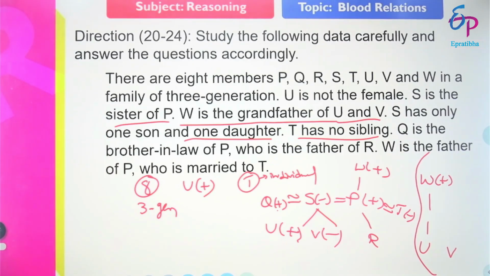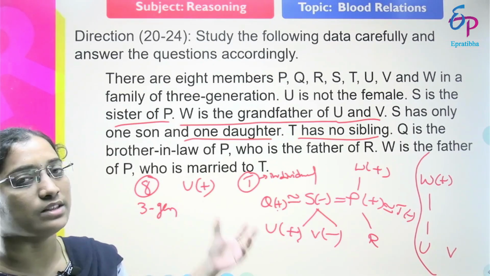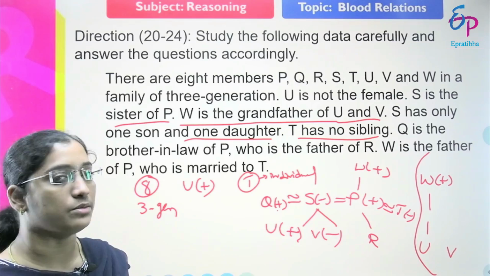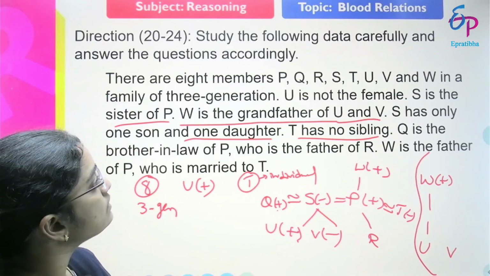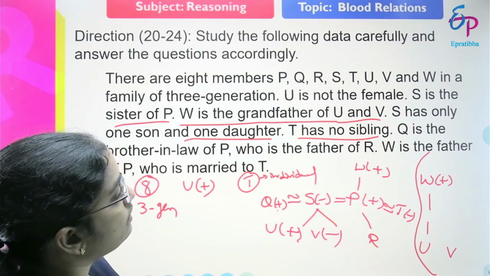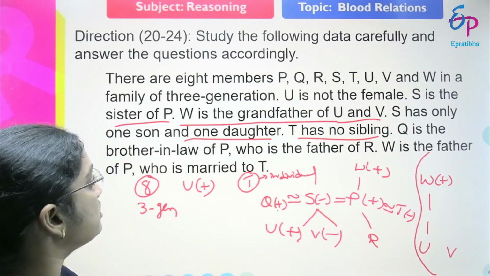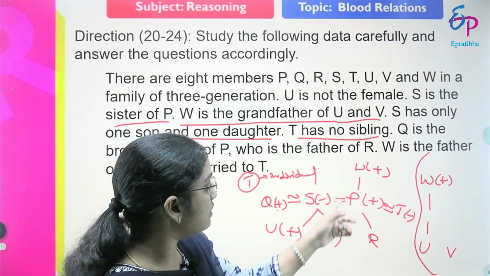So we need to check our question once again against the diagram. What's the information here? There are 8 members P, Q, R, S, T, U, V and W in a family of 3 generations, right? So yes, here we are getting 3 generations, friends.